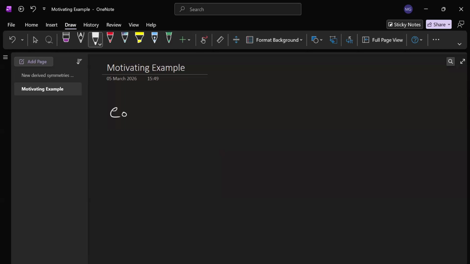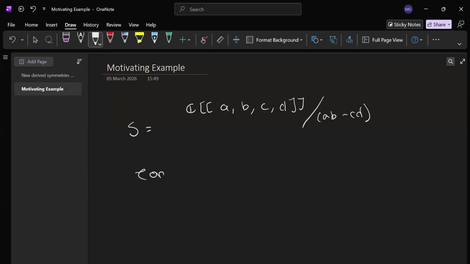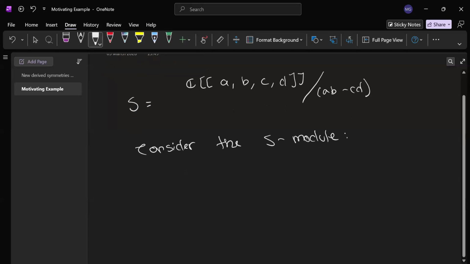So let's say that we have a ring S, which is the quotient of the completed polynomial ring in four variables by the equation AB minus CD, something like that. Then we can define an S module M, which is going to be given by the direct sum of S and the ideal AC.